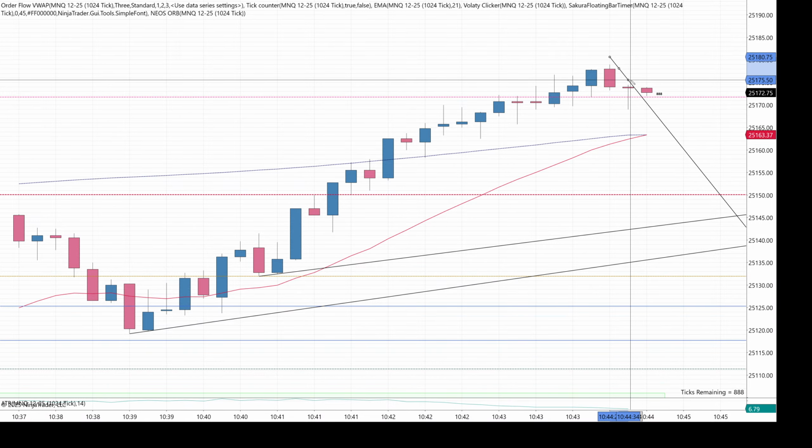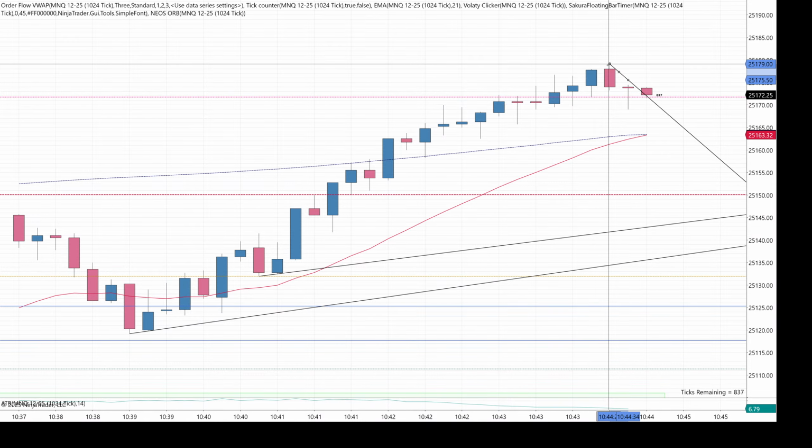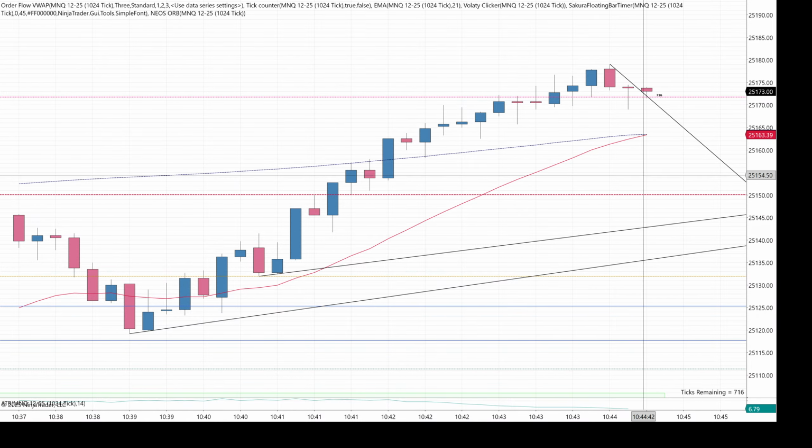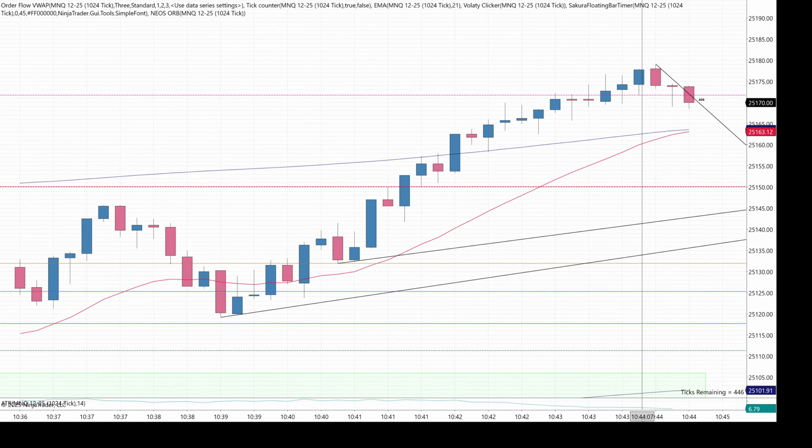We will be drawing this trend line here, and if we can get a continuation higher, we will be taking it bullish.